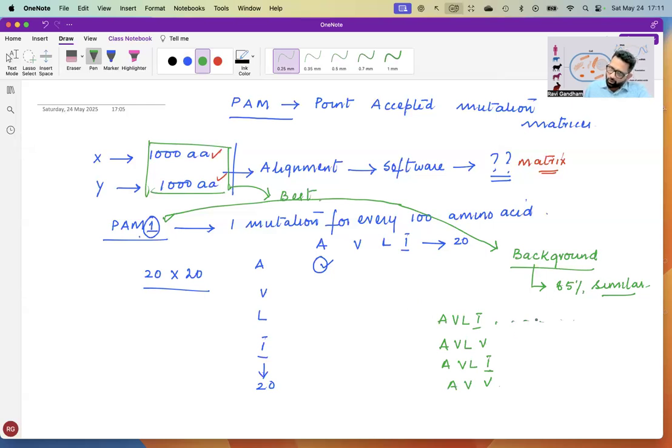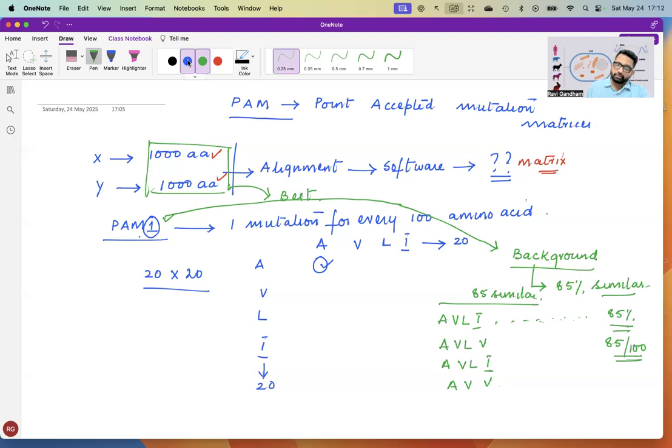When it aligns all these sequences, all these amino acids across all the sequences, one against the other, it ensures that there is 85% similarity. Means 85 out of 100 are similar, one against the other in the alignment.